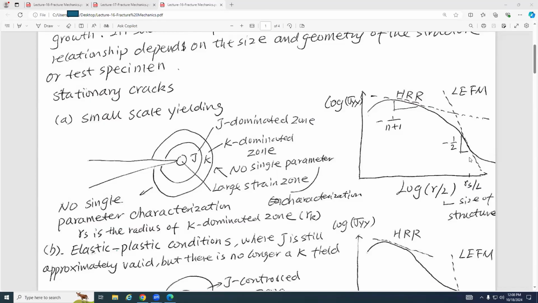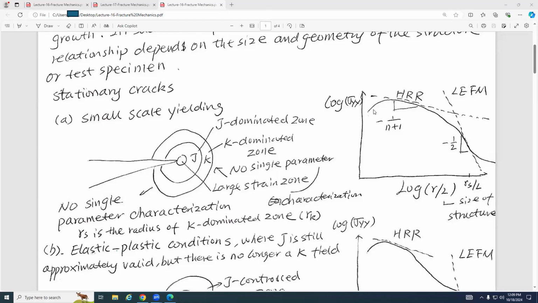So you can see here, in this big area, because it is elastic, you can still use LEFM to characterize this part. And for this smaller area, for the J integral, you can use the HRR, this straight line, this curve, to approximate. However, this is the plastic zone here.